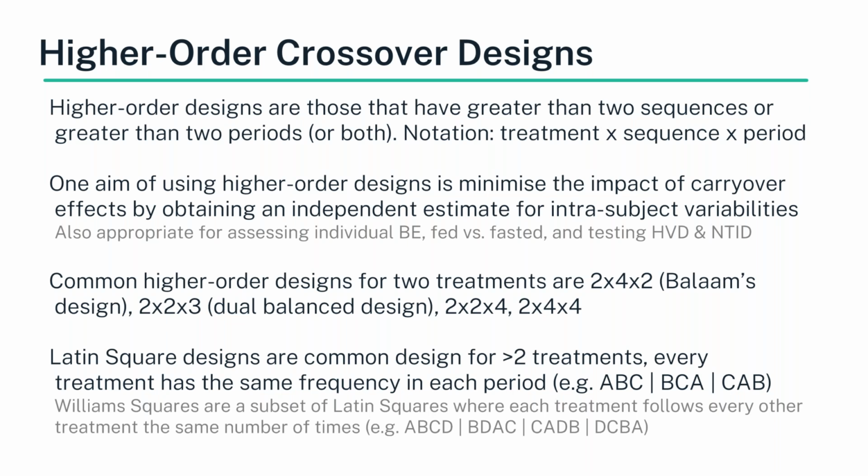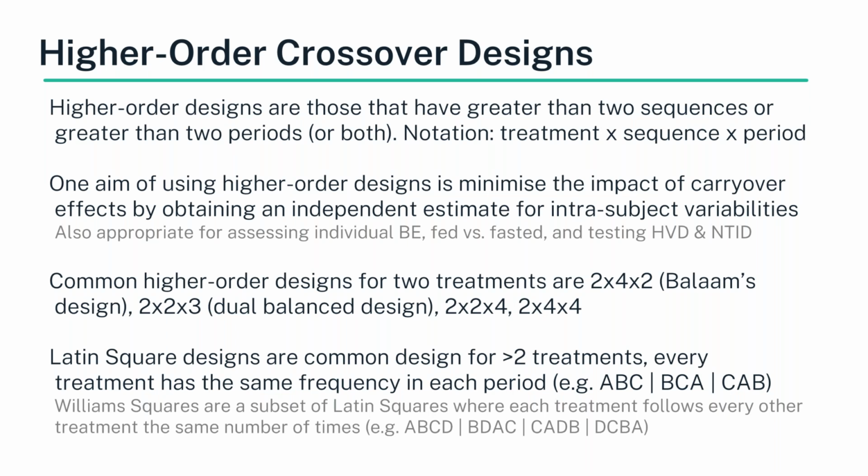And so that's a very common design used for 2 treatments. Another one is the 2x2x3, which is also called the dual balance design. This is balanced in the sense that each treatment follows itself and the other the same number of times. And again, depending on the context being used, that can be a very desirable property.